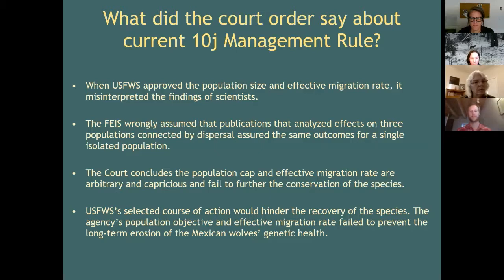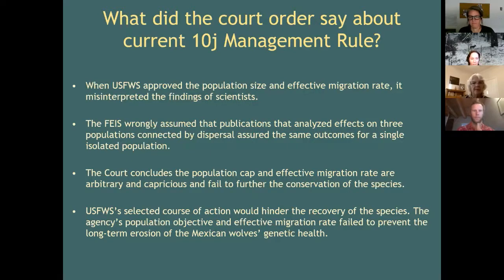10-J area. The court concluded that the population cap and the effective migration rate are arbitrary and capricious and fail to further the conservation of the species. And this is something that was in the judge's remand of the order, and she actually said this multiple times, that this 10-J rule was arbitrary and capricious.